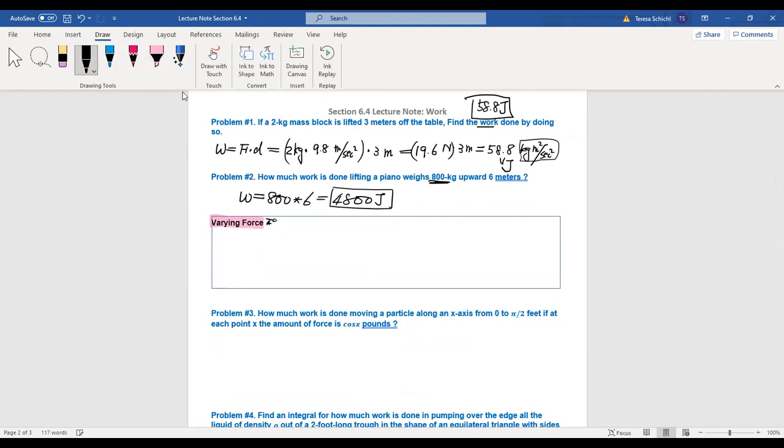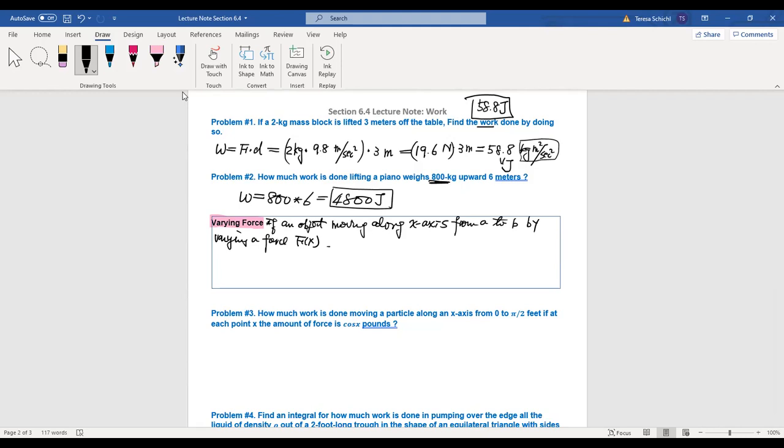So that means if an object can move along the x-axis, let's just say the easy x-axis from A to B, by a varying force f of x. Okay, so then what is the work done?